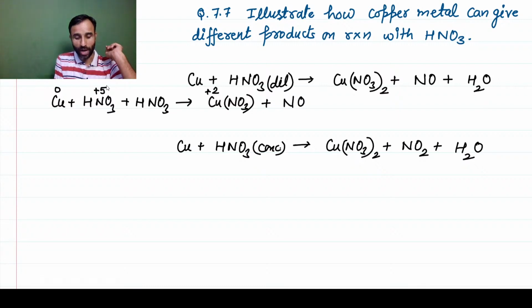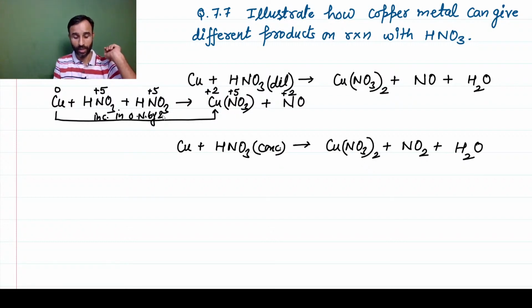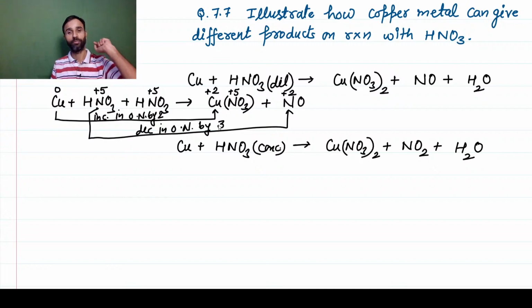HNO3 is in +5 oxidation state here, but on the other side it is in the +2 state. So copper 0 to copper +2 means an increase in oxidation number by 2, and second, HNO3 +5 to +2 is a decrease in oxidation number by 3.